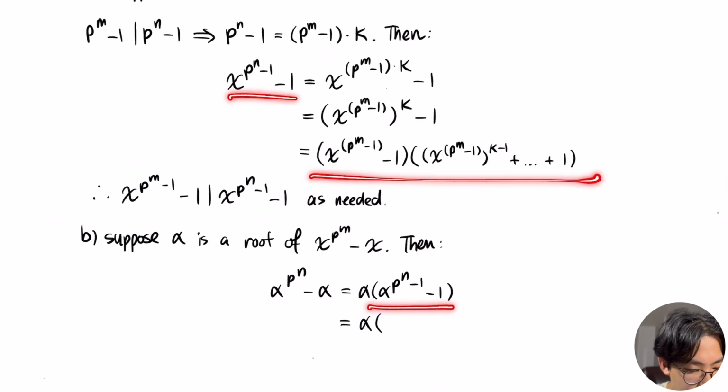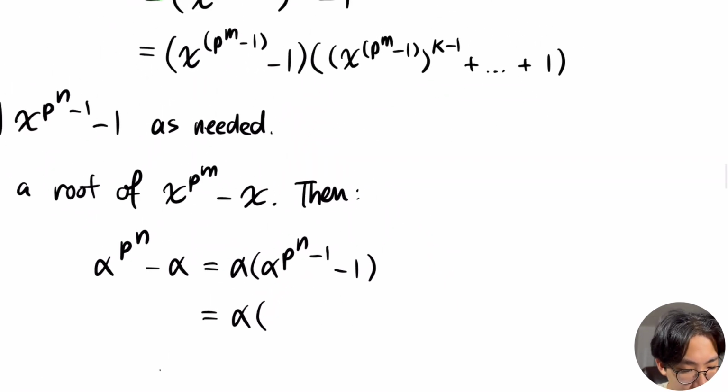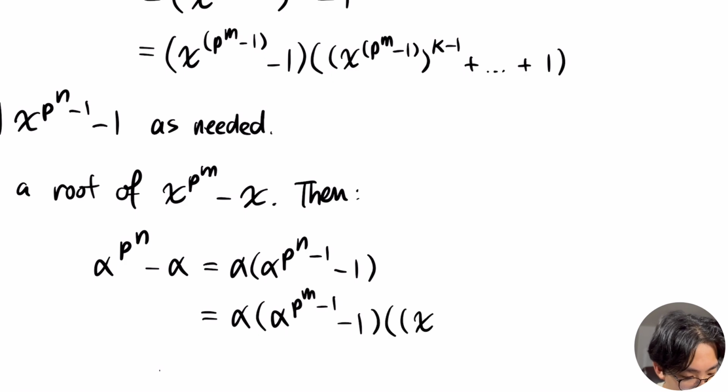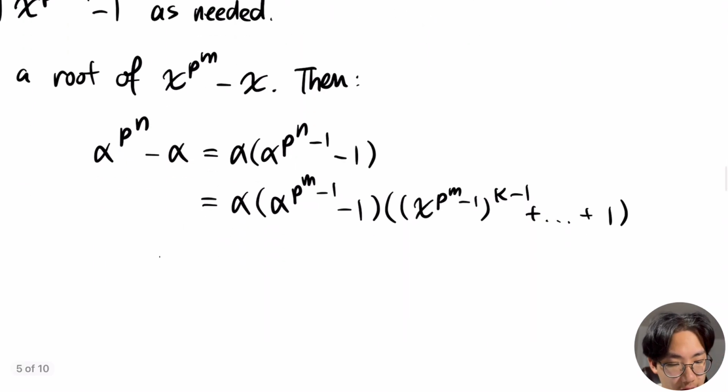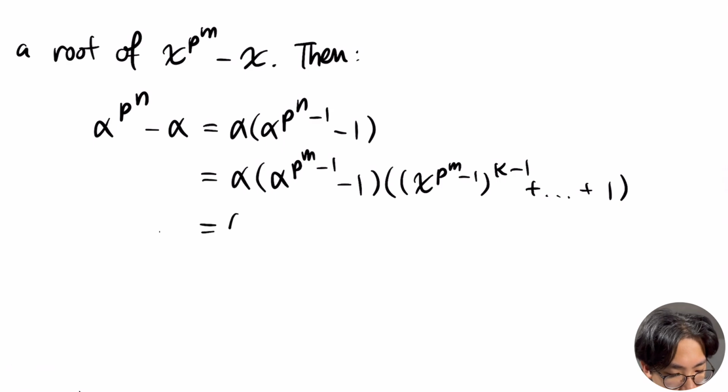So we have alpha, I'm going to drop the brackets, p to the m minus 1 minus 1 times x to the p to the m minus 1 to the k minus 1 all the way up to 1. And here we can multiply the alpha back in. So we have alpha to the p to the m minus alpha times, again, all of this junk over here.